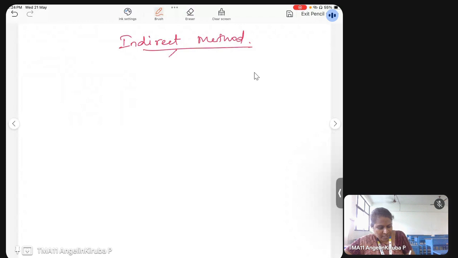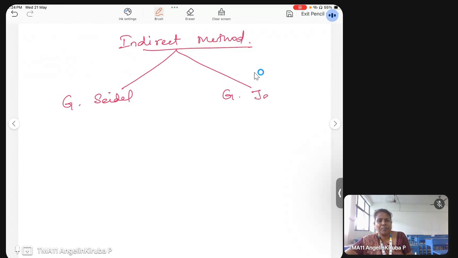One is Gauss Seidel, and another one is Gauss Jacobi. Okay, so these are the two methods for the indirect method. The main difference between Gauss Seidel and Gauss Jacobi is that Gauss Seidel converges faster compared to Gauss Jacobi. For the same problem, we can solve by Gauss Seidel as well as Gauss Jacobi. We'll be getting the same answer only.